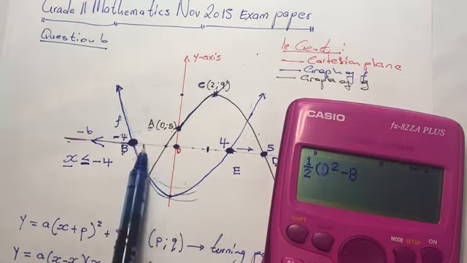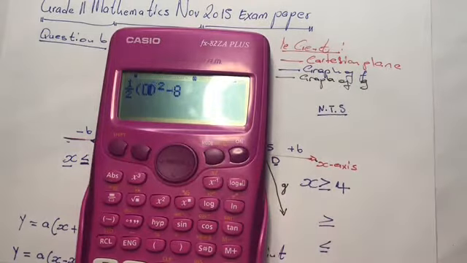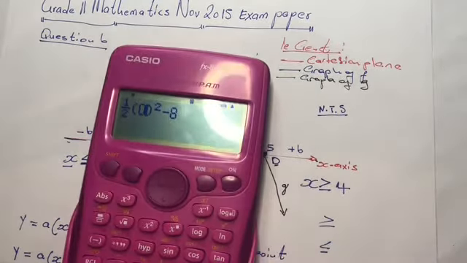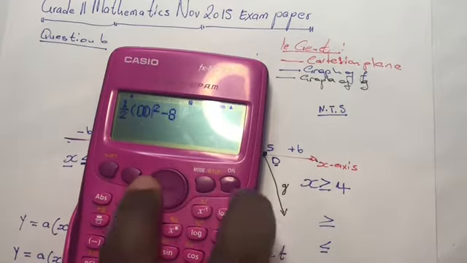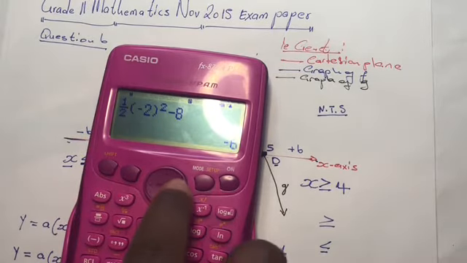You can use up to 3. So let's see. When we use 0, according to my explanation, the answer that we get will be less than 0, so it will be a negative value. And you see, we get -8. Let's try with -2. We're going to get a negative value. Can you see? -6.